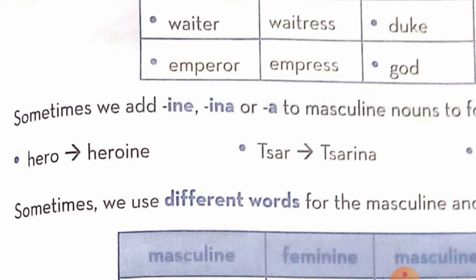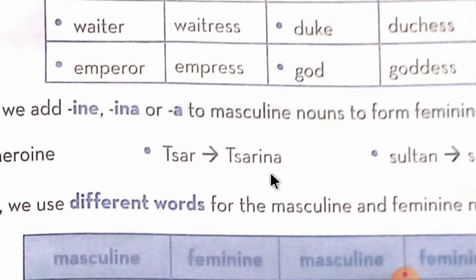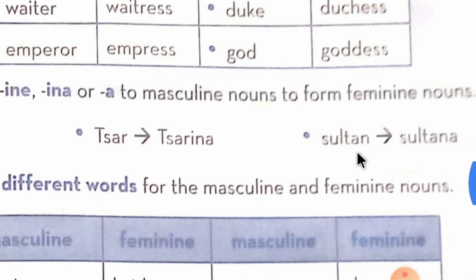Now you know the meaning of this word, that an emperor in Russia is called tsar, and for male it used tsar, but for female empress in Russia is called Tsarina. Okay, so what we have used here? INA at the end of the word. Same way the another word you can see here, Sultan, SULTAN.